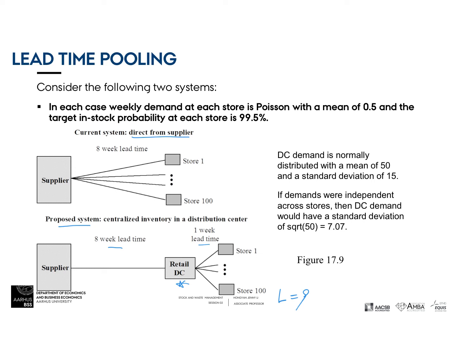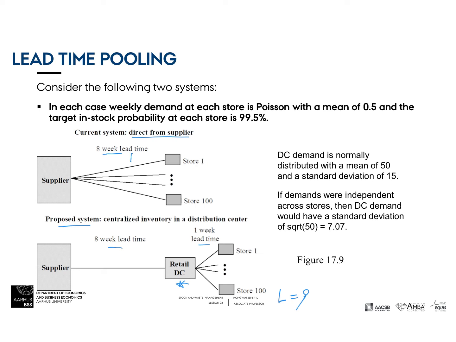And now we will try to see if it makes sense to have these retailer distribution centers. Definitely, the lead time for 8 or 400 stores actually merges into one lead time. So in the current system, you need to think about 8 weeks lead time for each store.